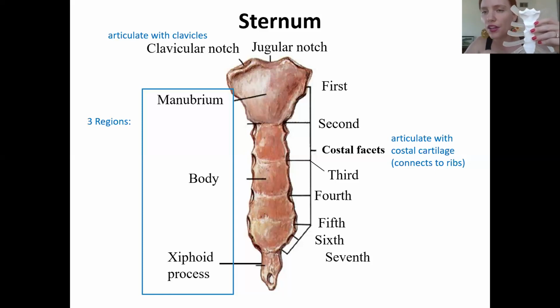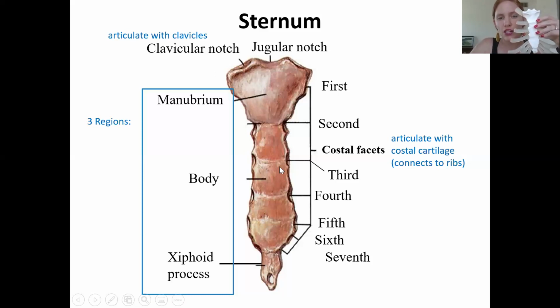Why do you think they're called the clavicular notches? That's where the clavicles are going to articulate with the sternum. So we have the jugular notch in the middle and then the clavicular notch on each side, where both of the clavicles come and articulate with the sternum.